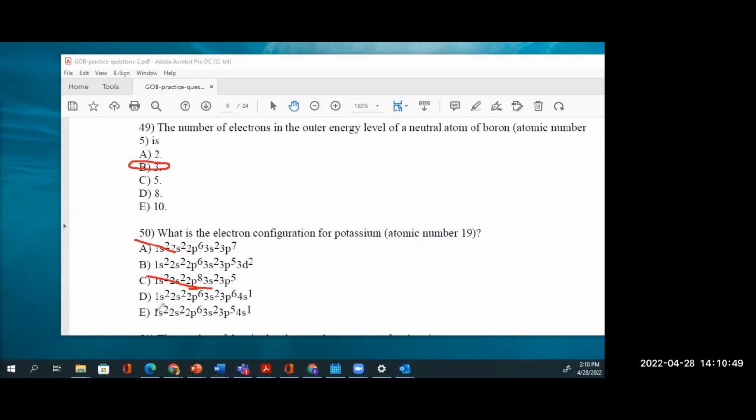What about it's okay. What was that? It has a 3s. So you said it has a 3s, but it's only 2. What do you mean?